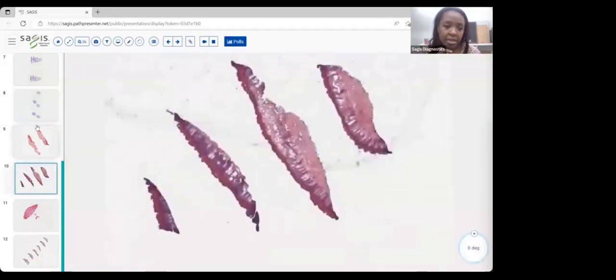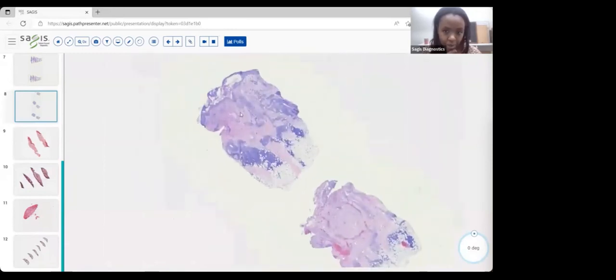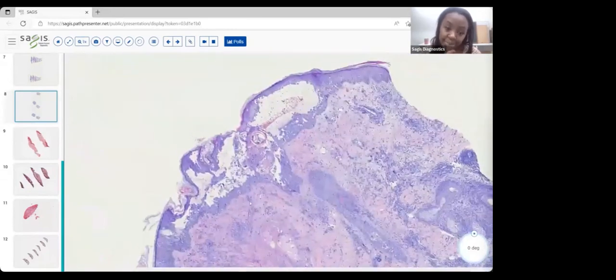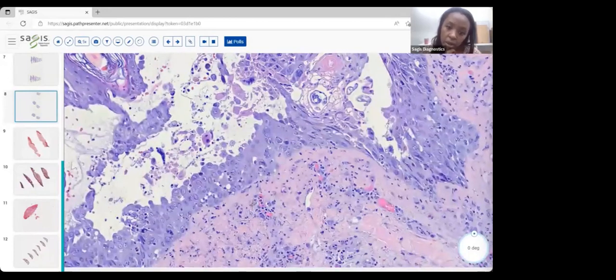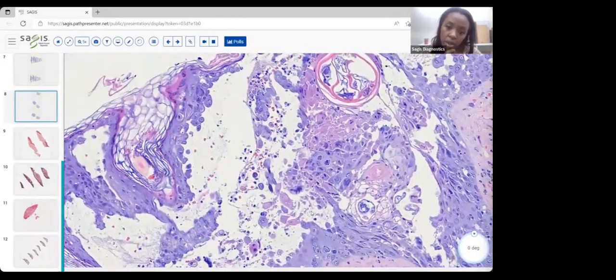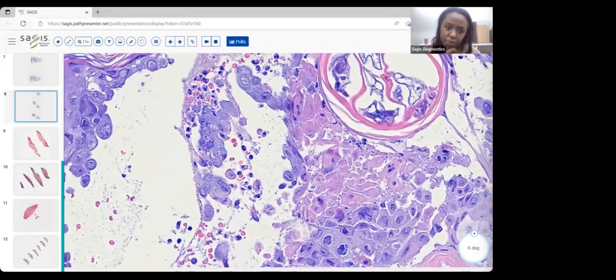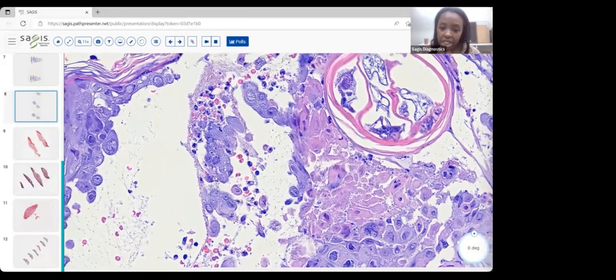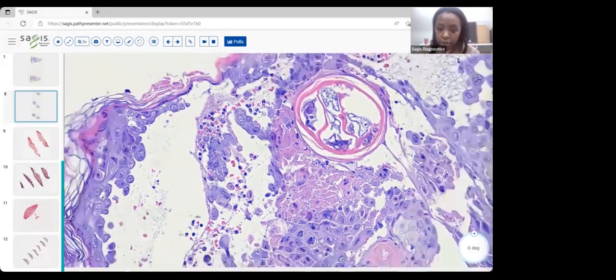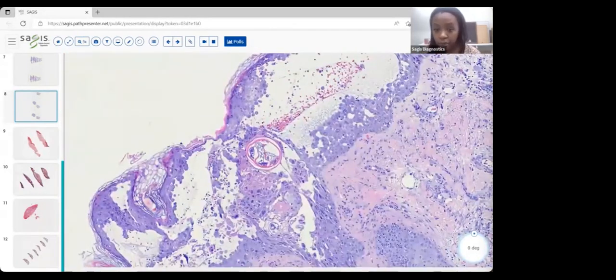So when we see, excuse me, here we go. So when we see this pattern, where we have these giant cells with multinucleation, margination, and nuclear molding, we know that we're dealing with viral infection.